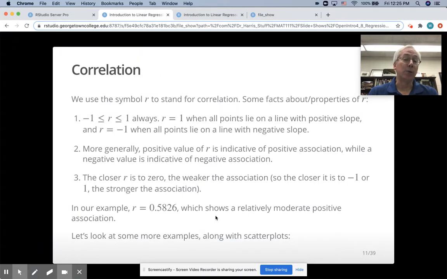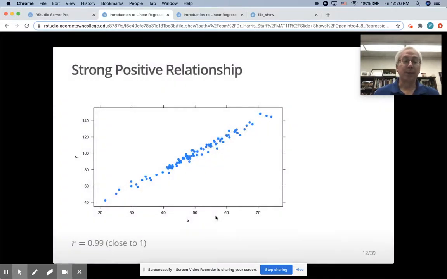And the closer it is to 1, the stronger the positive association. Our example where r was 0.5826 to 4 decimal places is a moderate, almost weak, positive association. So it's not particularly close to 1. Here are some other examples of scatter plots along with the associated correlations.